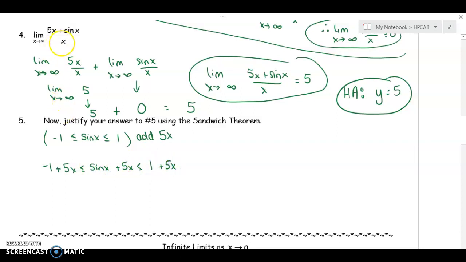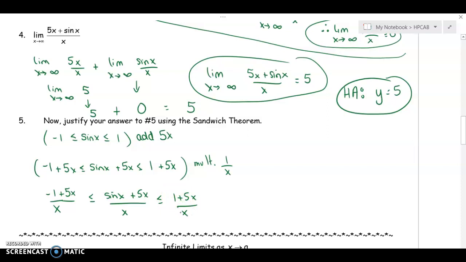And then we got to get the divided by x. So now we're going to multiply this whole thing by 1 over x. So we get -1 plus 5x over x, less than or equal to sine of x plus 5x all over x, and 1 plus 5x all over x.